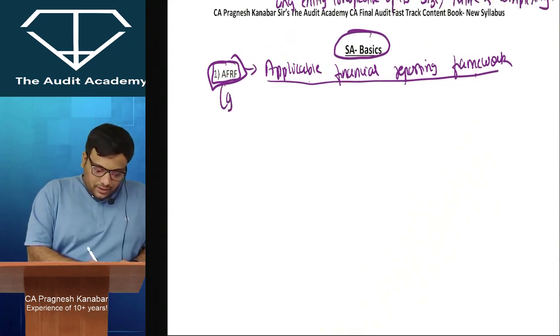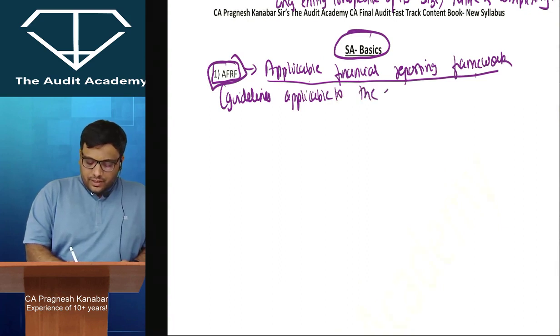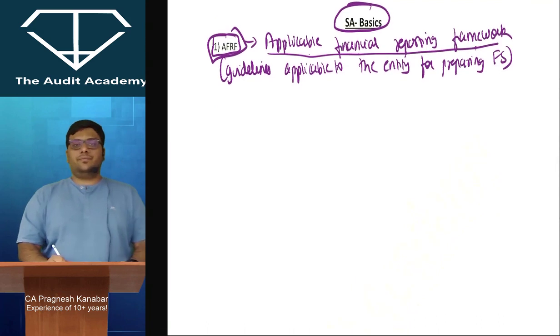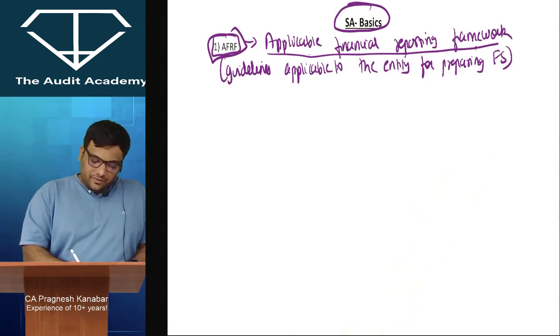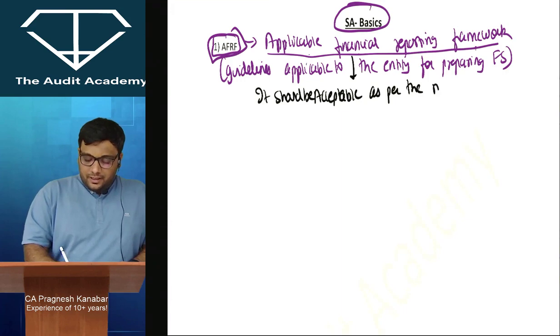So in simple English, these are nothing but the guidelines applicable to the entity for preparing financial statements. Obviously, this applicable financial reporting framework should be acceptable as per the nature of the entity.